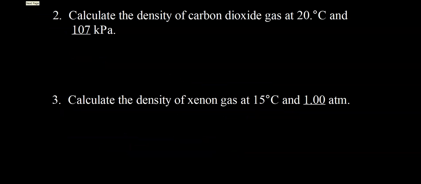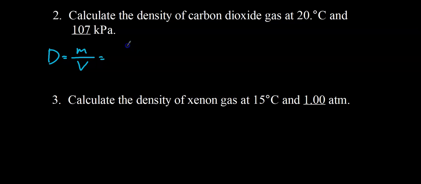Example, calculate the density of carbon dioxide gas, not at STP, but rather at 20 degrees Celsius and 107 kilopascals. Now again, our approach is kind of the same. We're going to take the mass divided by the volume. Again, we're going to assume you have 1 mole of the gas.